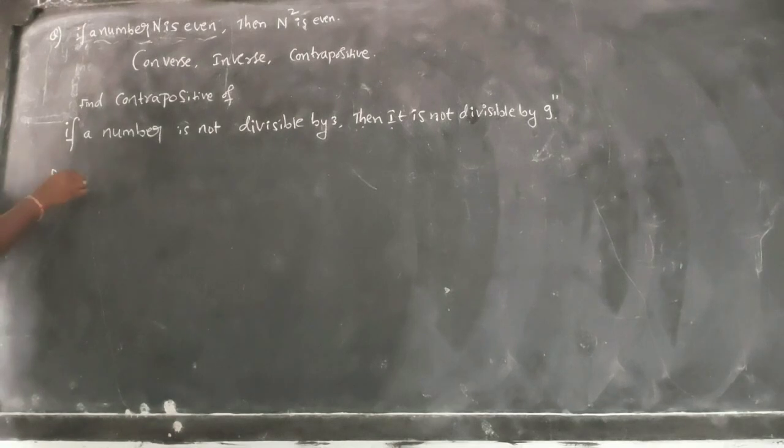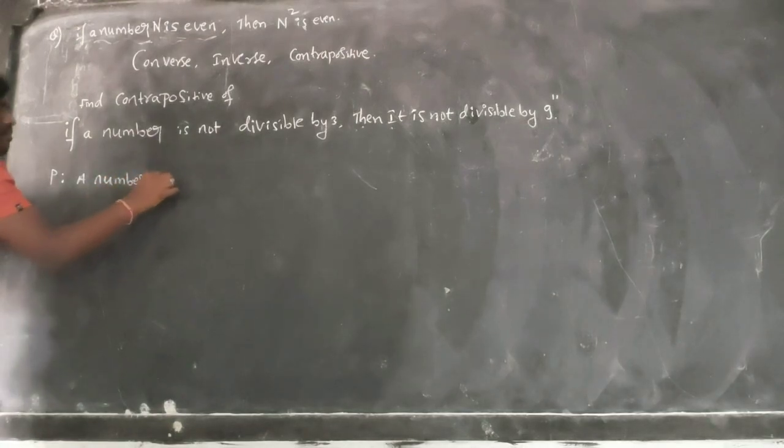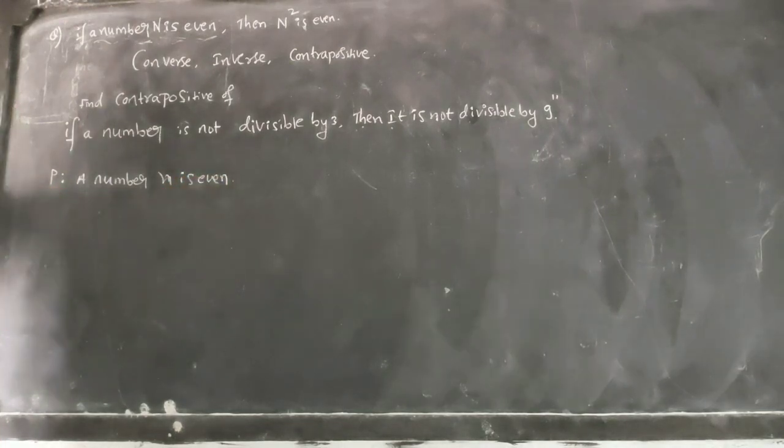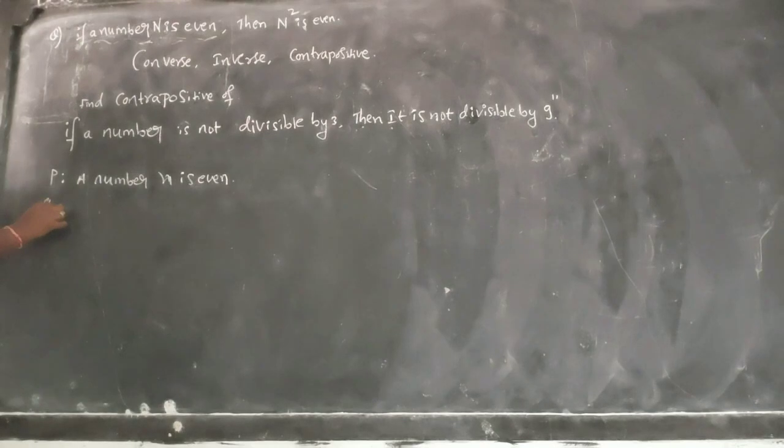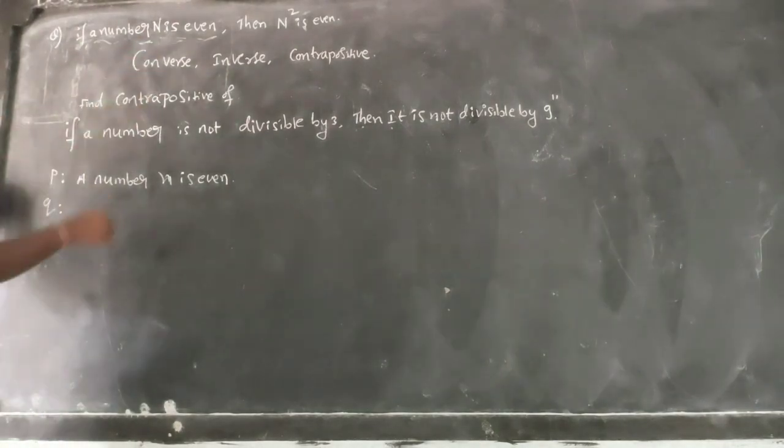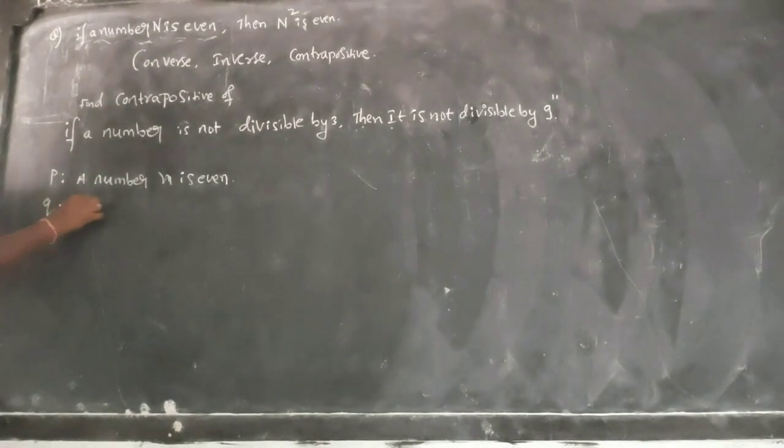P is: a number n is even. What is the Q statement? Q is: n square is even.